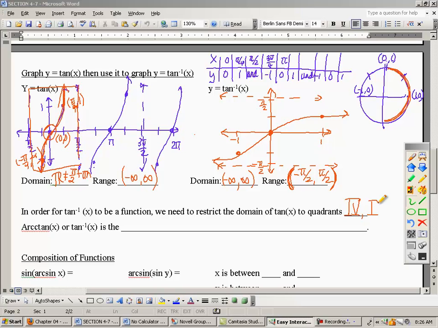The problem is, though, I cannot have negative pi over 2 be an angle because I get an undefined fraction. And I can't have pi over 2 be an angle because, again, I get an undefined fraction. So they're asking you in this case, again, what angle gets you the exact value.